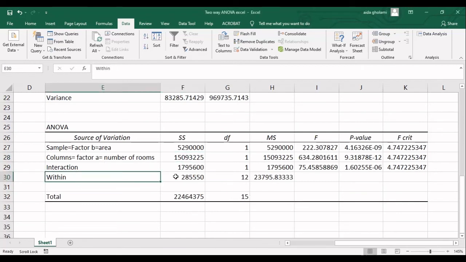And then we have the within. So for within, sum of squares, another time we get to the formulas.